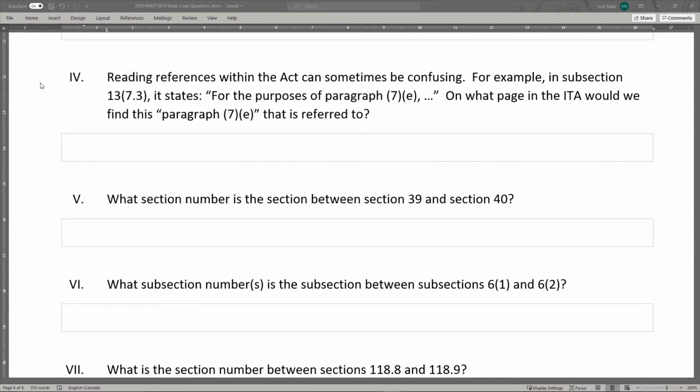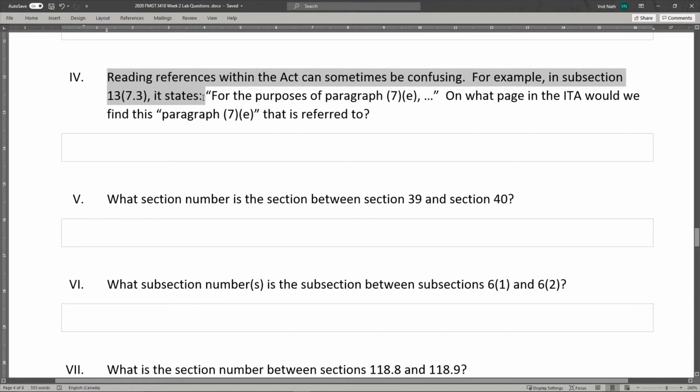Question 4, part 4. Reading references within the Act can sometimes be confusing. For example, in subsection 13.7.3, it states, for the purposes of paragraph 7e. On what page in the ITA would we find this paragraph 7e that is referred to?